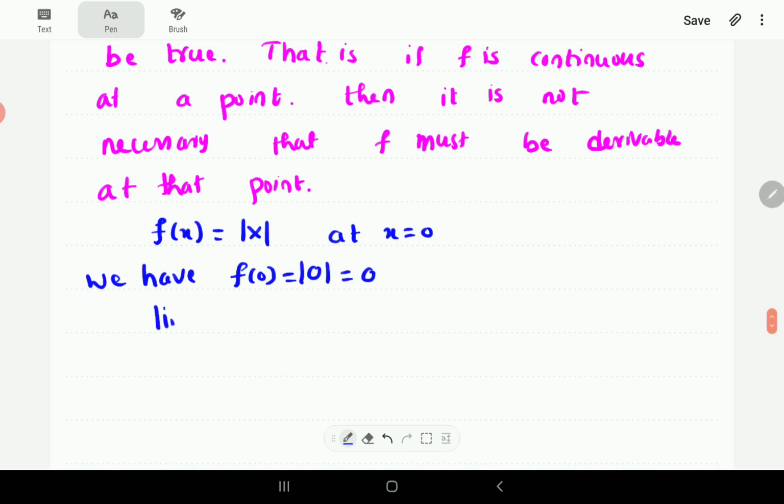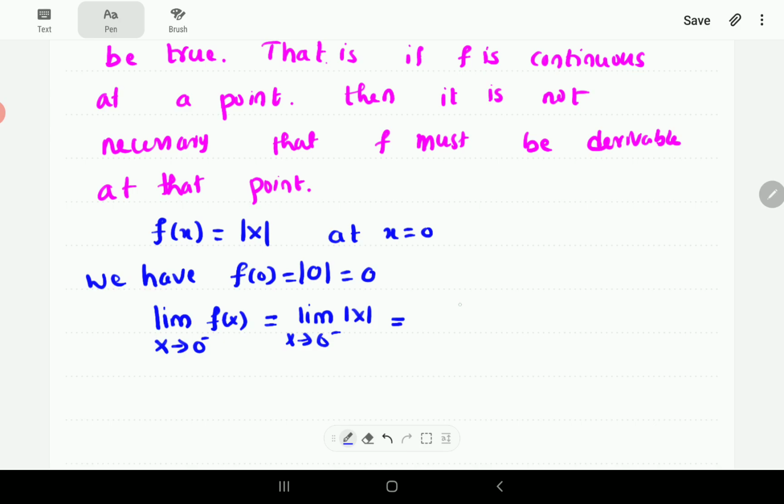So the limit of f of x as x tends to 0 minus, from the left hand side, is equal to the limit of mod of x as x tends to 0 minus. As x is tending to 0 minus means it is from the left hand side.